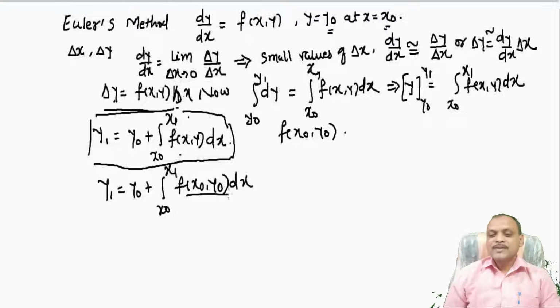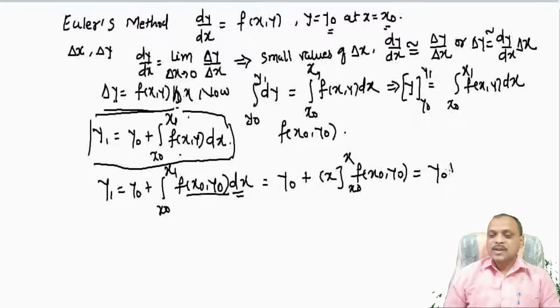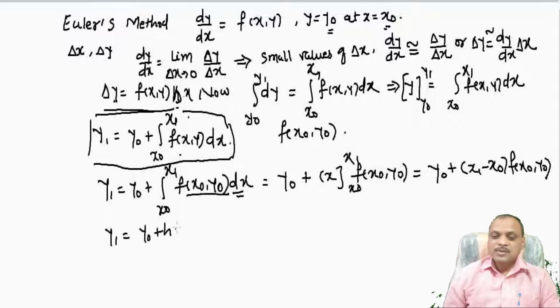Since f of x0, y0 is a constant, this gives y0 plus x1 minus x0 into f of x0, y0. x1 minus x0 is h, so y1 equal to y0 plus h into f of x0, y0 plus R, where capital R is the error.